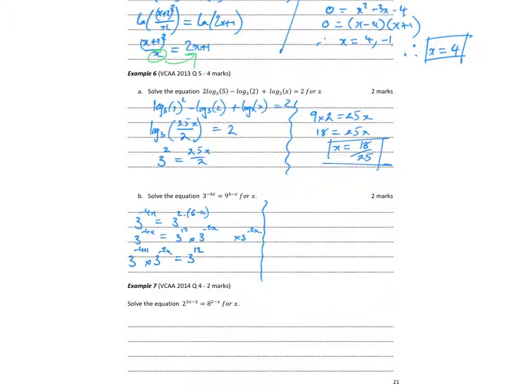If we multiply bases, we add the indices. I get 3 to the negative 6x equals 3 to the 12. Since the bases are the same, the powers need to be the same. Negative 6x equals 12, therefore x equals minus 2.